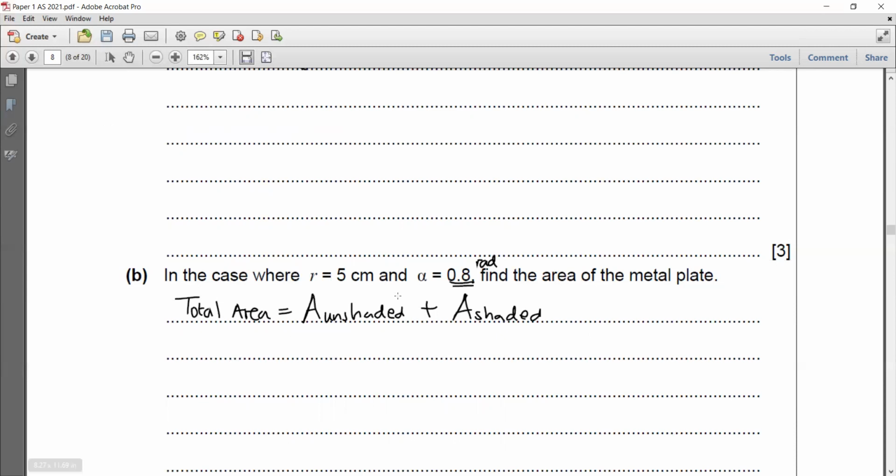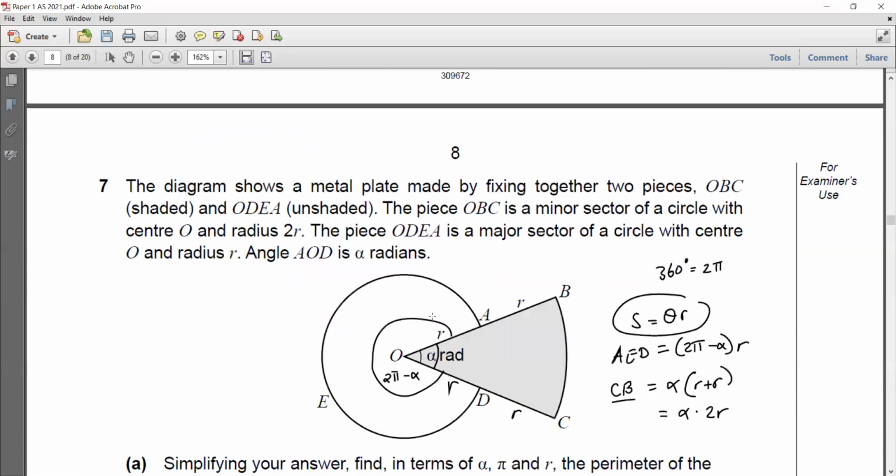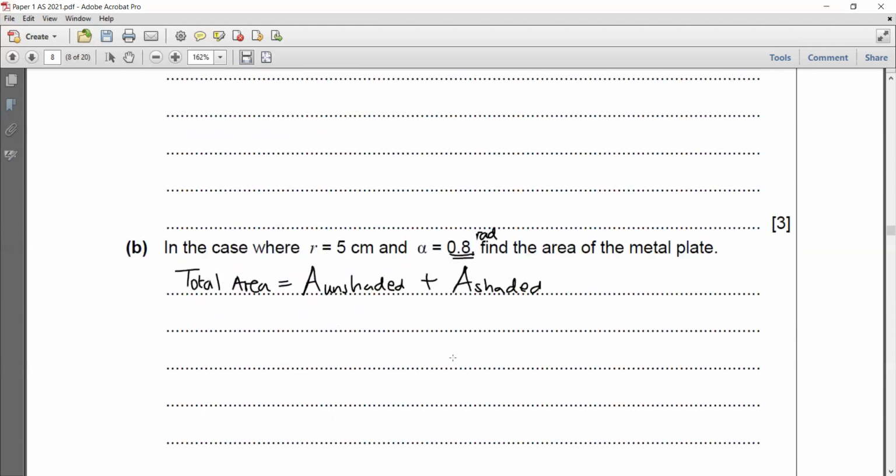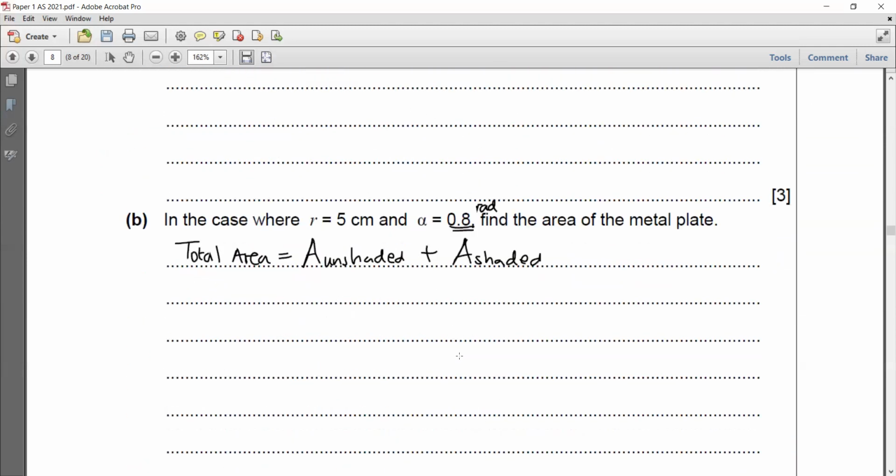Okay, so we want the unshaded area. We have our angle and we have the radius. So we just substitute. Just going to write down the formula of the sector. The area is a half theta times the radius squared. So what is my theta here?